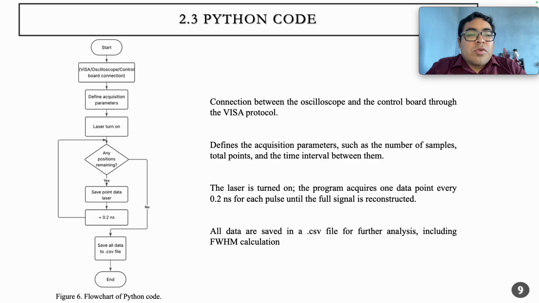Once the laser is turned on, the program acquires a data point every 0.2 nanoseconds for each pulse until the full signal is reconstructed. Finally, all data are saved in a .csv file for further analysis, including FWHM calculation.